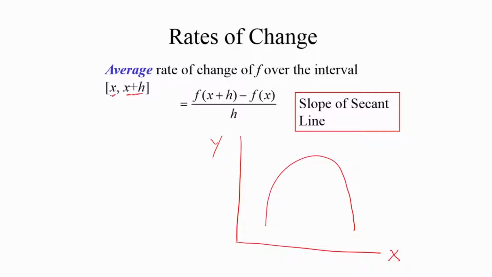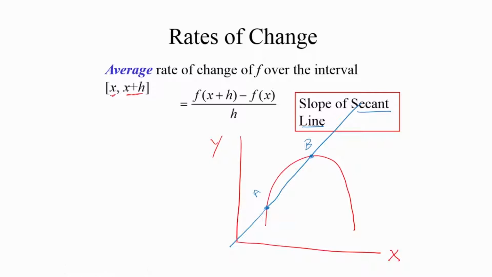If you take 2 points on this, point A and point B, and connect these 2 points together and continue, this line that connects 2 points on a curve, wherever the 2 points are, is called the secant line. So this is the secant line. The slope of this secant line is what we are interested in.